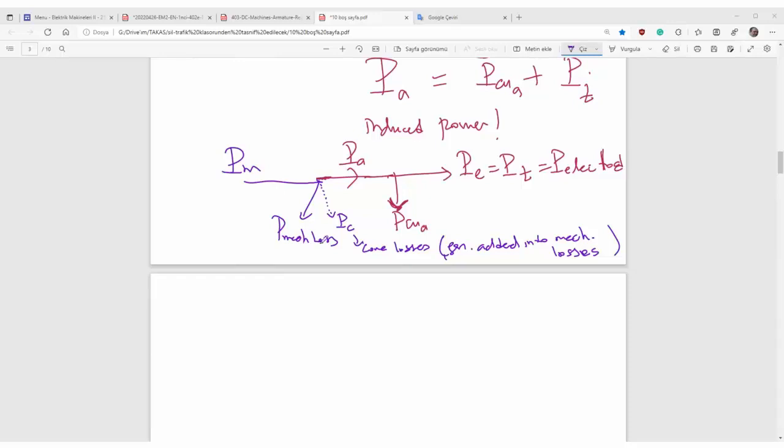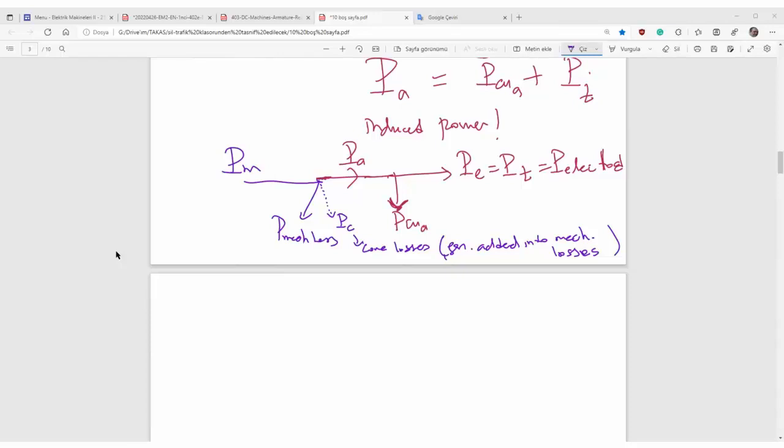But here in DC, especially in static parts, the stator and pole body, there is no changing magnetic field. So static parts cause no core losses.